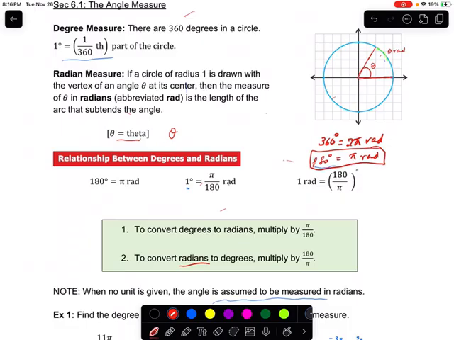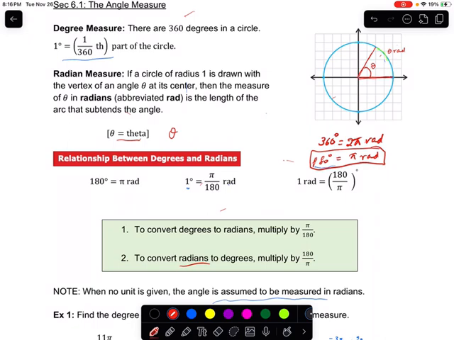If I divide both sides by 180, I get 1 degree is equal to pi over 180 radians. And if I divide instead by pi on both sides, I get 1 radian is equal to 180 over pi degrees. Now to convert, this is something you have to remember.